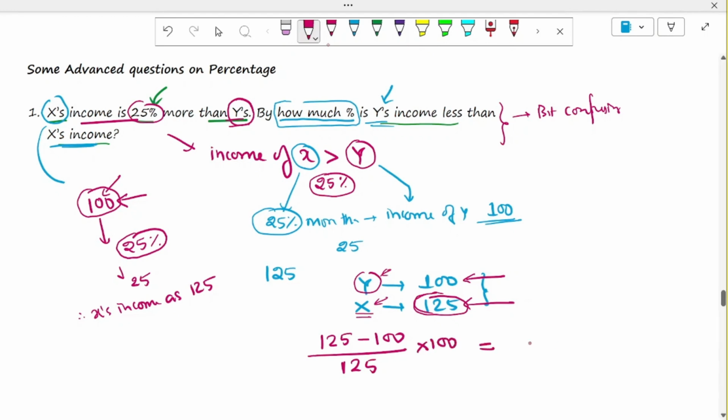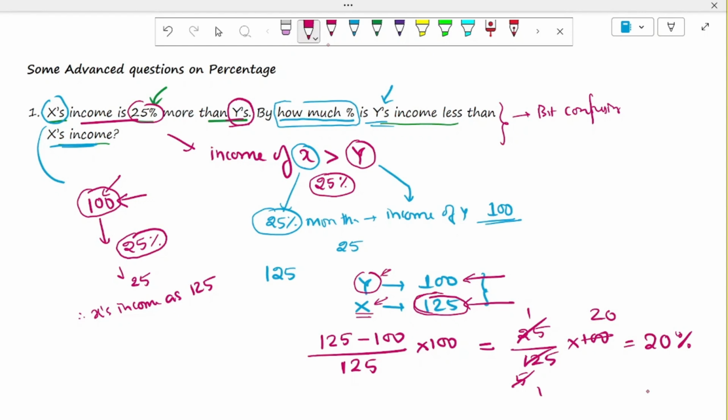This equals 25 divided by 125, into 100. 25 fives are 125, and 5 ones are 5, so the answer for this question is 20%.